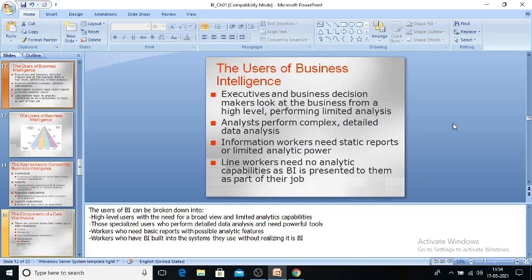The managers analyze the data throughout the weeks or days. They look at the transactions, whether we are performing or underperforming, and they check it at the end of the day, the week, the month, or the year.